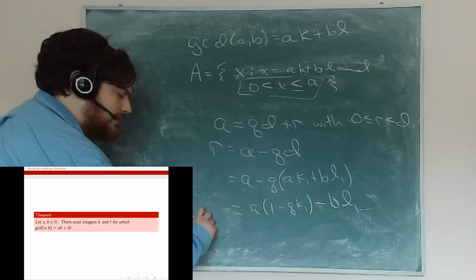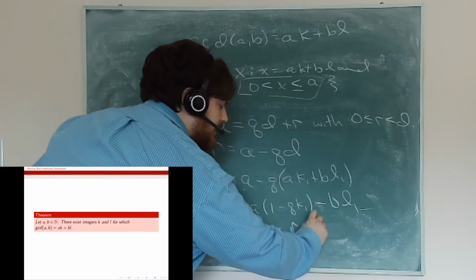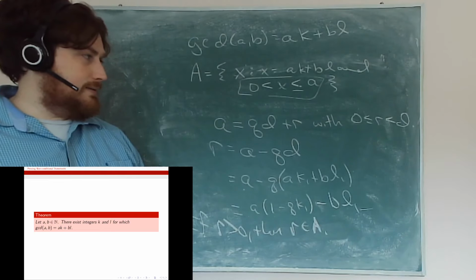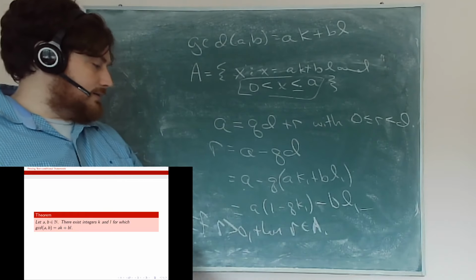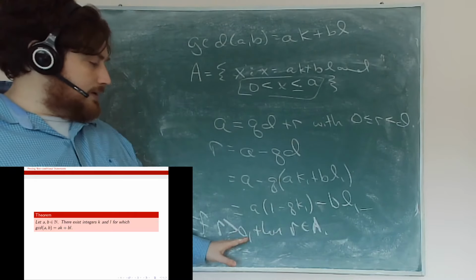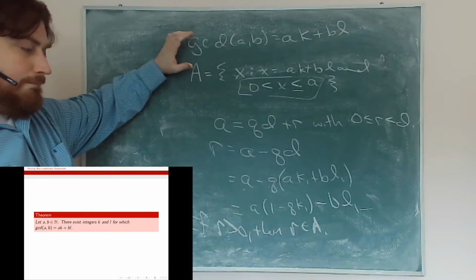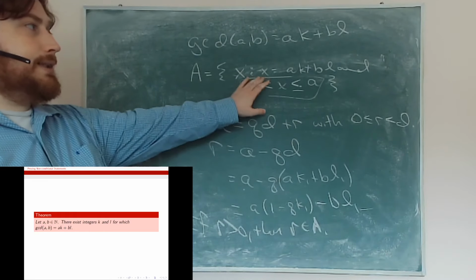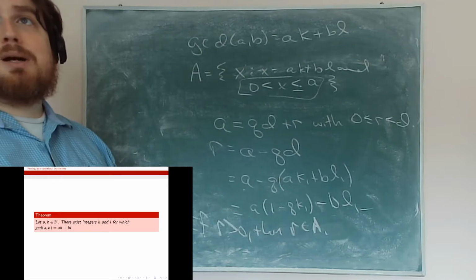So if R is greater than 0, then R is in A. So R has to be less than D, which here is less than or equal to A. So therefore, if R is greater than 0, it's less than or equal to A, so it has to be in my set A. But if R is greater than 0, it's in this set, and it's smaller than D. Is that possible?